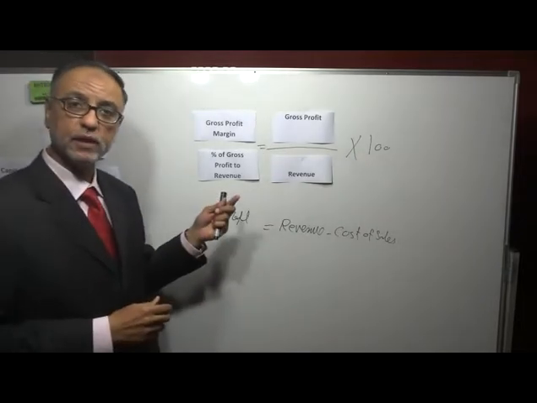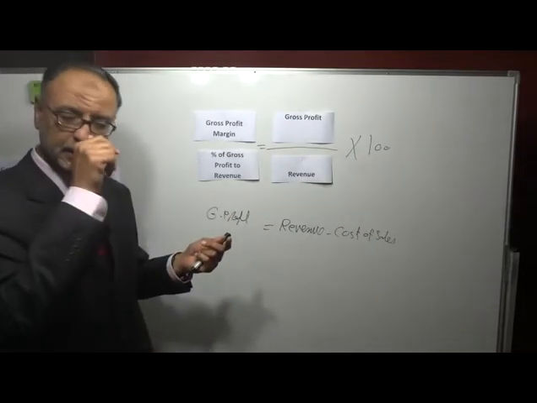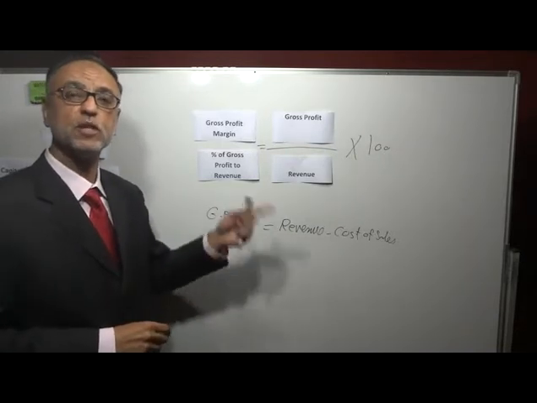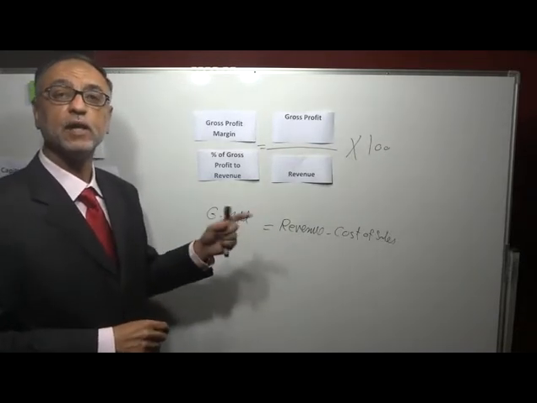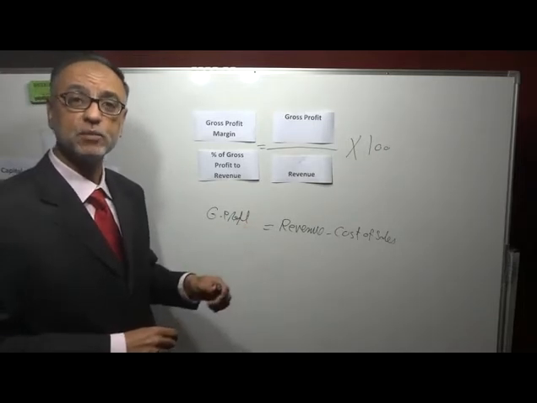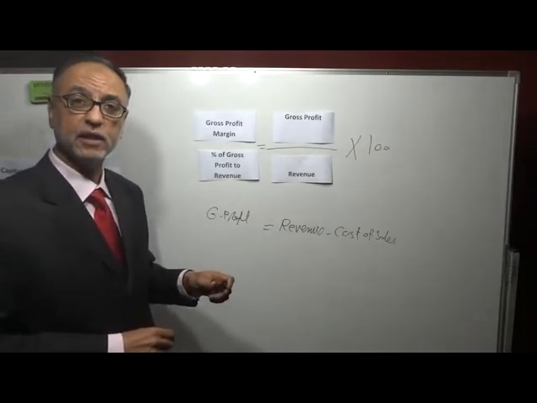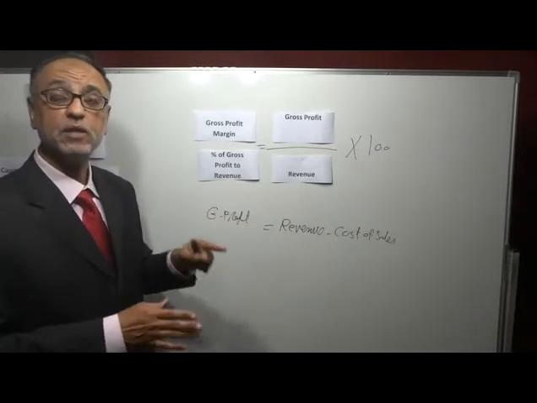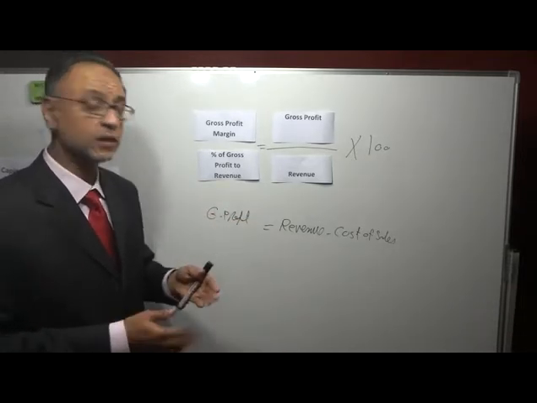As a ratio, it's not really useful by itself, but when you compare it to the performance in the past and performance in the future, then you can tell about the progression of the management quality. Also, you can compare it to the industry, same companies in the industry, to know where you stand.